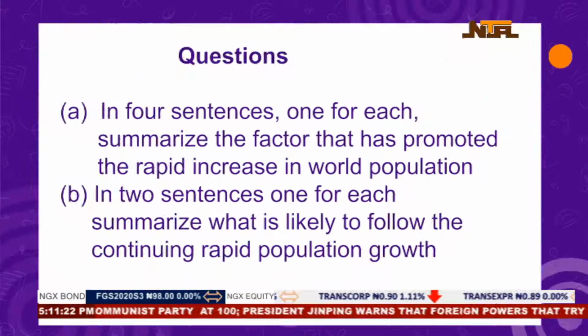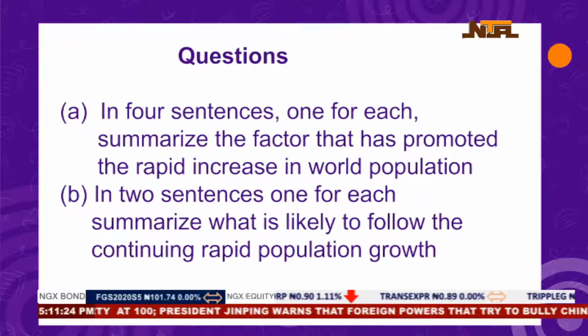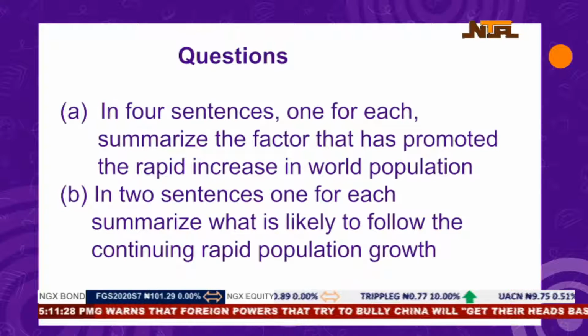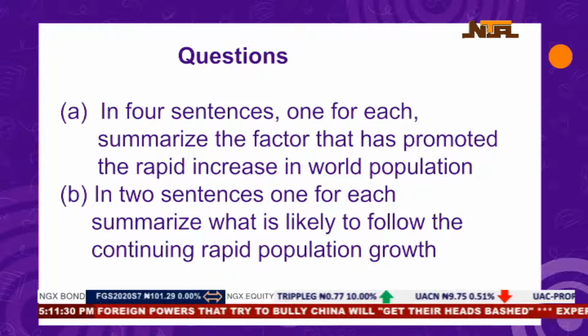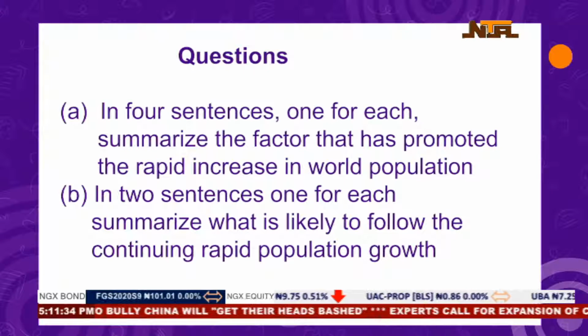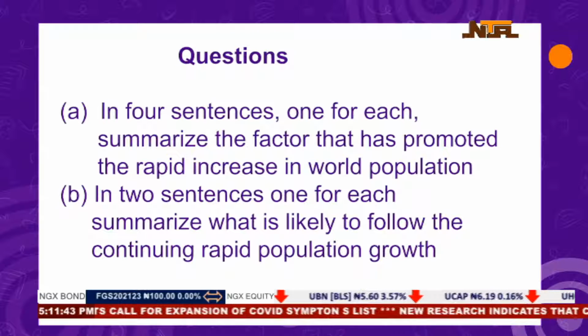Level A, in 4 sentences, 1 for each, summarize the factor that has promoted the rapid increase in world population. Question B, in 2 sentences, 1 for each, summarize what is likely to follow the continuing rapid population growth.